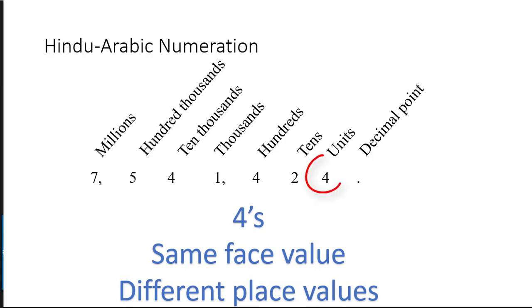The 4 furthest to the right is just the number 4 because it's in the units position. The 4 that's in the middle is the hundreds place, so that represents the number 400. And the 4 that's furthest to the left is in the 10,000s place, so that represents the number 40,000.